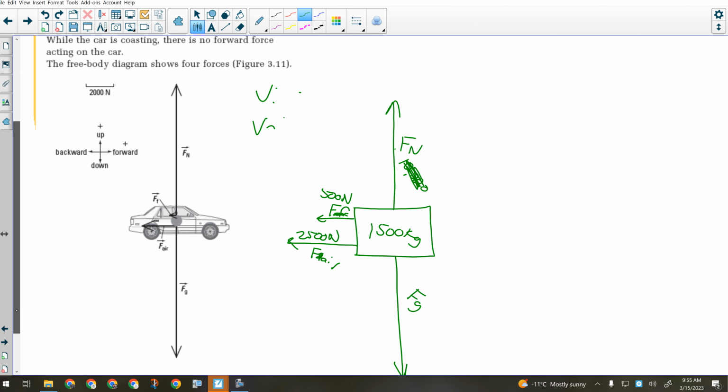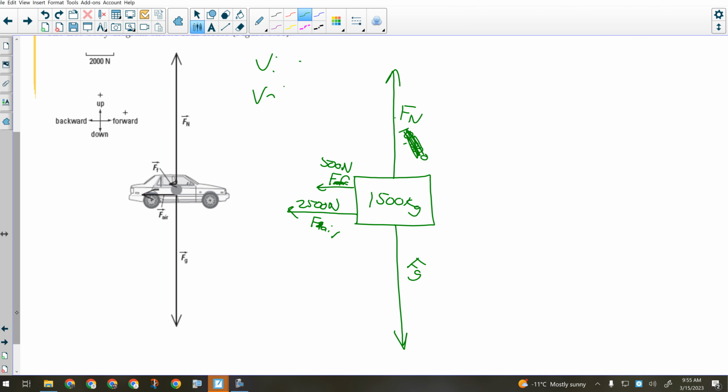So from my free body diagram, all I use that for is to identify the forces and figure out which way they're going. From there, I go to a vector diagram. Okay, so a vector diagram of this would be gravity, normal force, so they cancel.